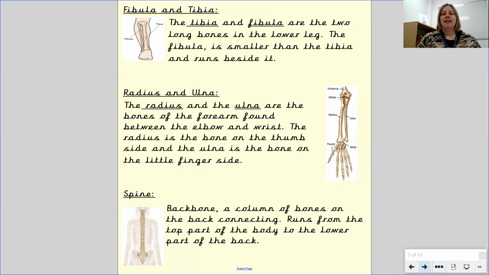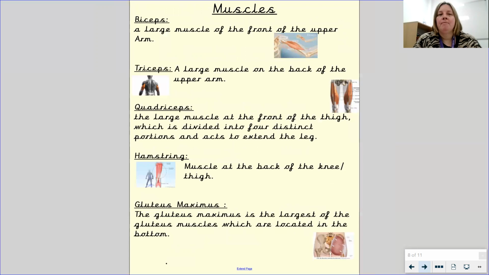The radius is the bone on the thumb side and the ulna is the bone on the little finger side. Spine. Spine is the backbone, a column of bones on the back. It runs from the top part of the body to the lower part of your back.